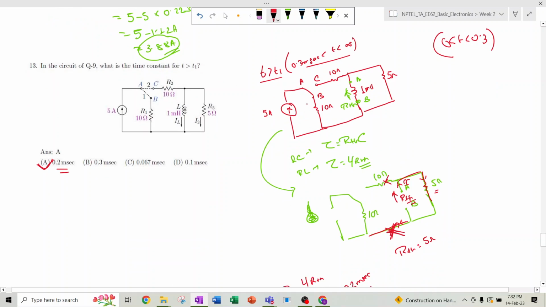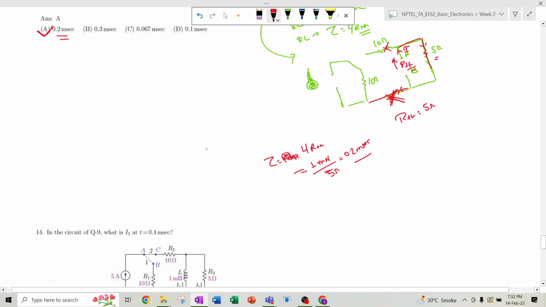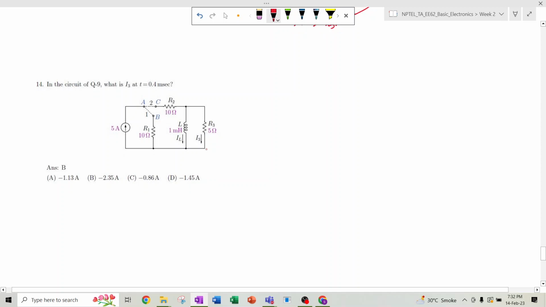You should first draw the circuit, what should be the circuit, and then follow the same rule to determine the value of the time constant. So it cannot be the same at different instants of time. For this question it is the same, for t greater than t1 it is 0.2 millisecond, and for t from 0 to t1 it is also 0.2 millisecond, but in some cases it might not be equal.